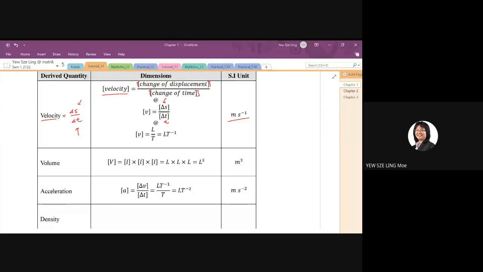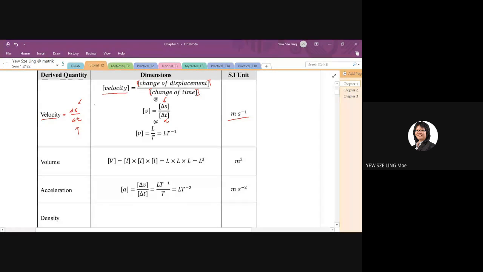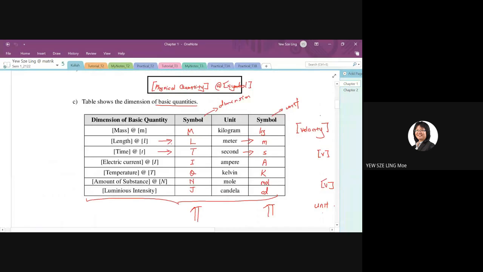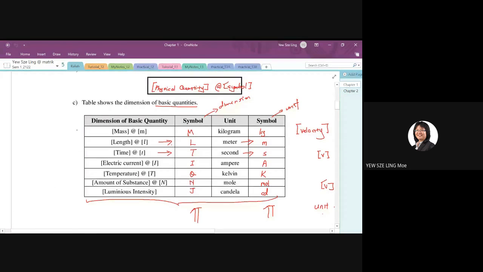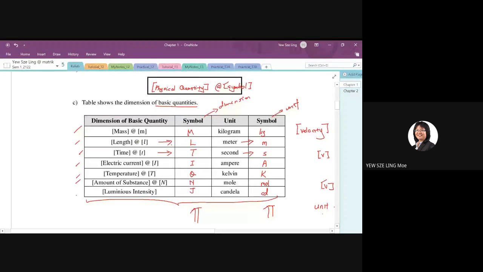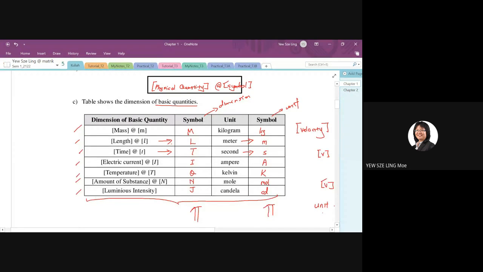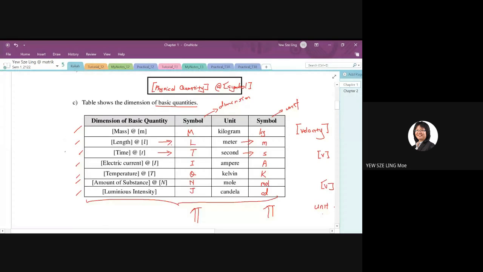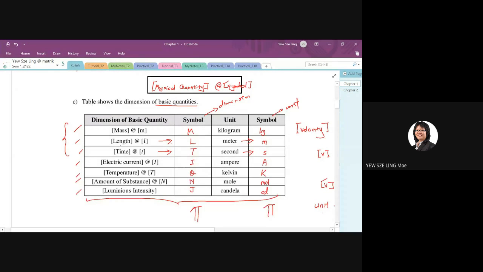We have seen 7 basic quantities last week. So we have mass, length, time, electric current, temperature, amount of substance, and luminous intensity. Most of the time, we use the first 3 in the first few chapters because they involve motion.